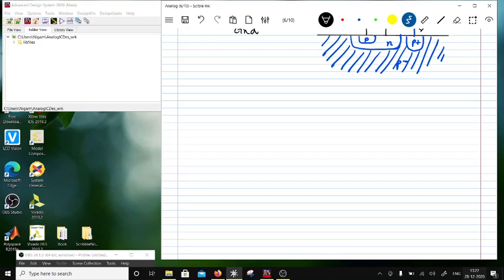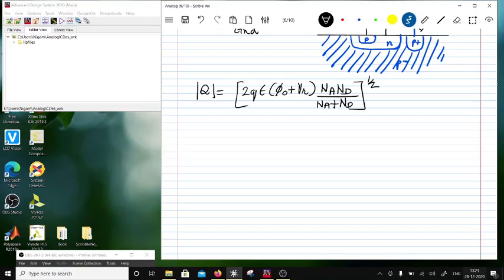Now we have come to a point where we derived Q for a PN junction. That was basically Q equals the square root of twice q epsilon times (phi0 plus VR) times NA ND divided by (NA plus ND). Now let's assume that ND is very large, so it tends to infinity.